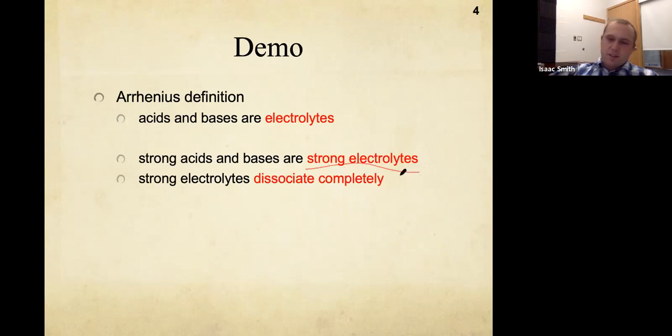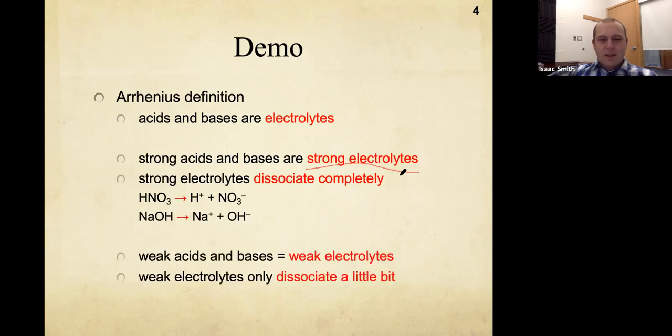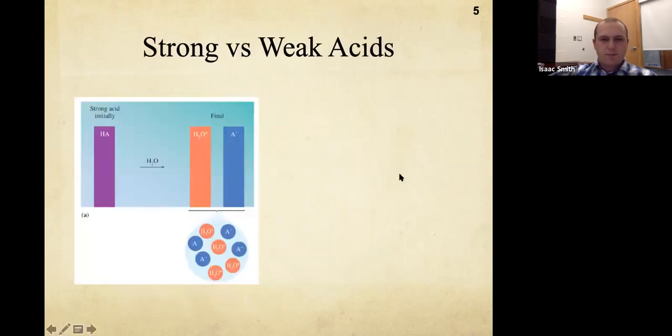Because strong electrolytes dissociate completely, okay? And then weak acids and bases only dissociate a little bit, and so they're going to be weak electrolytes. And there's just some examples there, but don't worry about those too much. We'll talk about how to know if something's a strong or a weak acid.